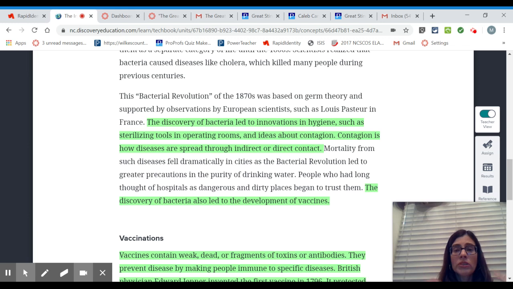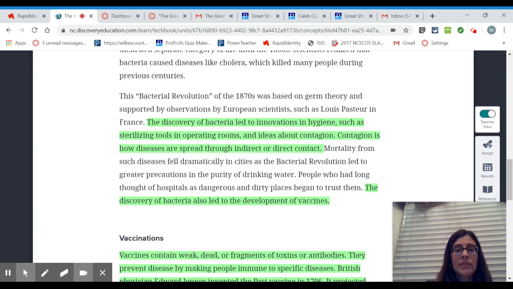And your hygiene, of course, is the way that you clean yourself, or you clean sterilizing tools in operating rooms. This bacteria idea, we need to be clean. Our tools need to be clean. And if we are sterilizing ourselves and our operating rooms, then perhaps we can stop the spread of contagions.